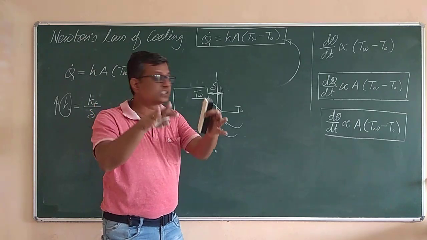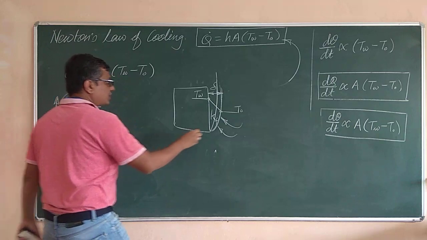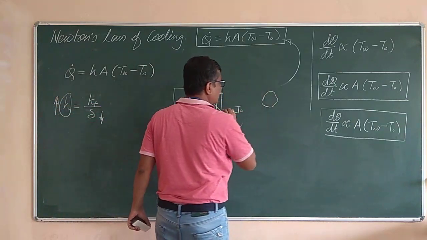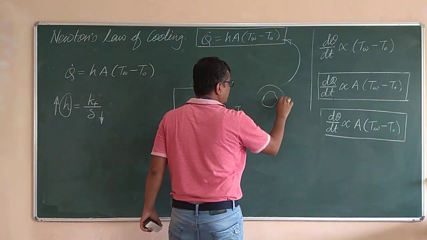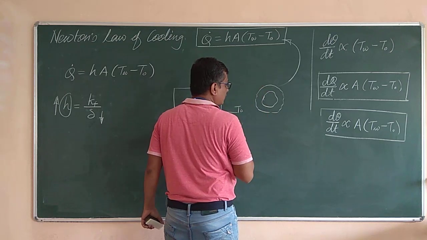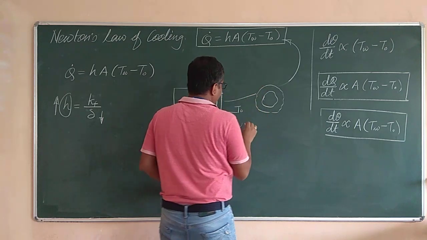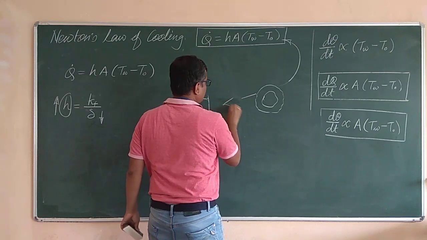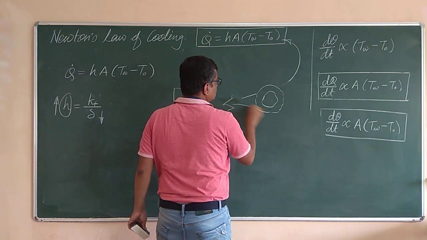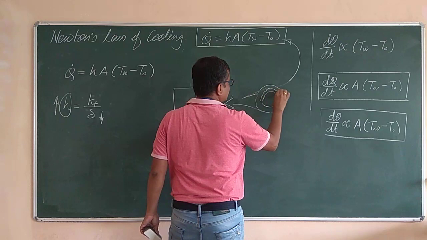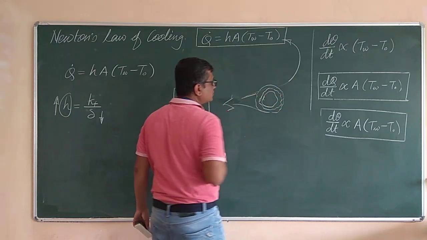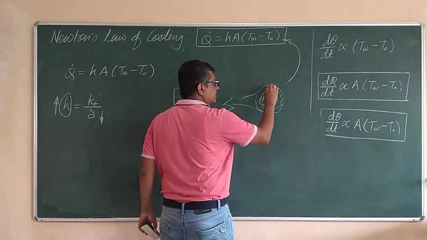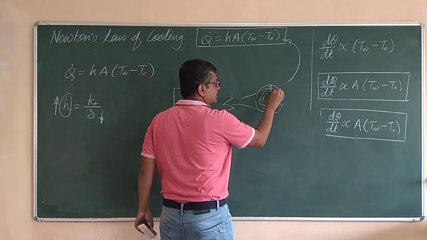See, this is a piece of Manchurian over here, so the boundary layer thickness may be something like this surrounding it. Once I blow air, what will happen? The boundary layer thickness, or say the film thickness, will get reduced. Earlier the thickness was this much, in the next case it is this much.